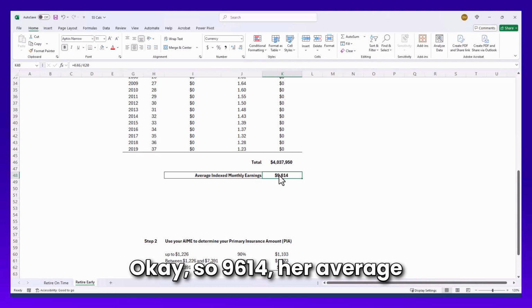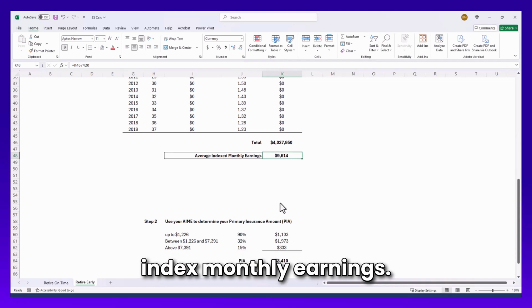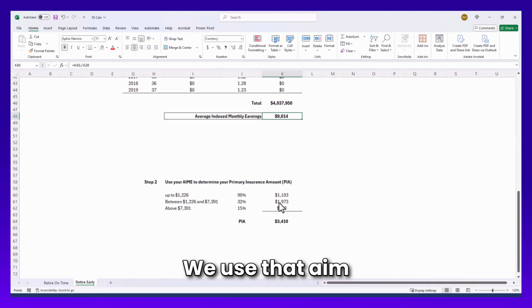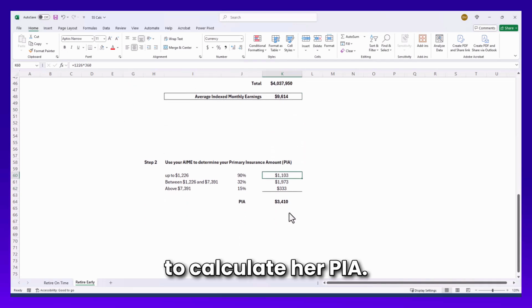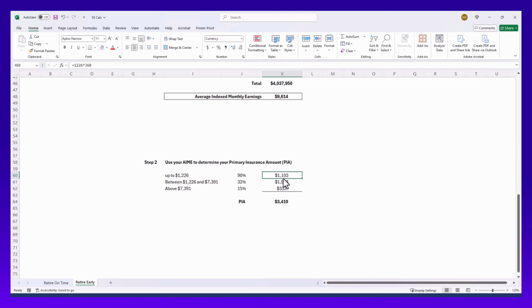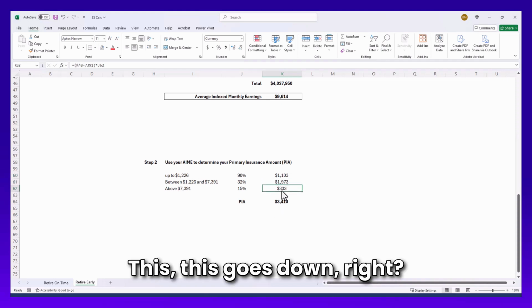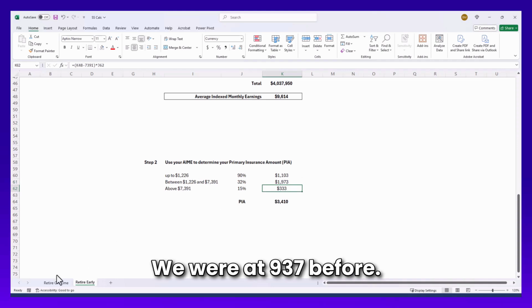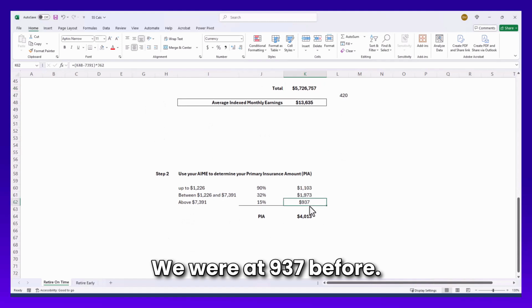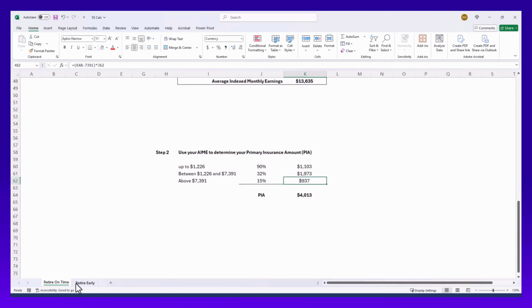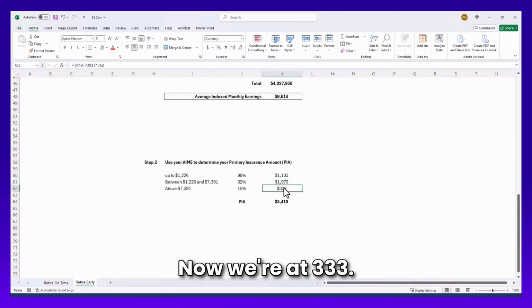Okay, so 9,614 is her average index monthly earnings. We use that AIM to calculate her PIA. This is still the same. This is still the same. This goes down. We were at 937 before. Now we're at 333.